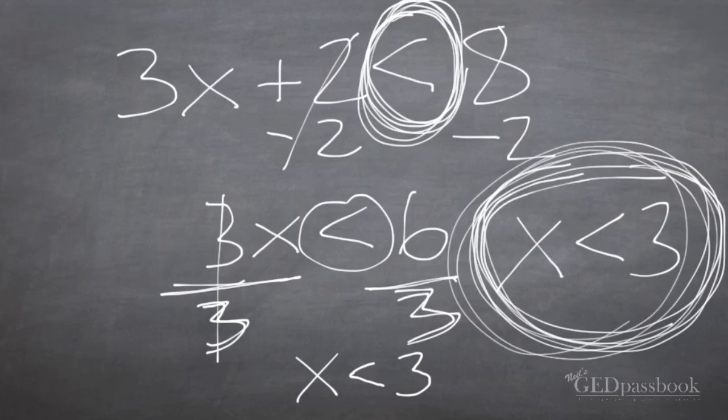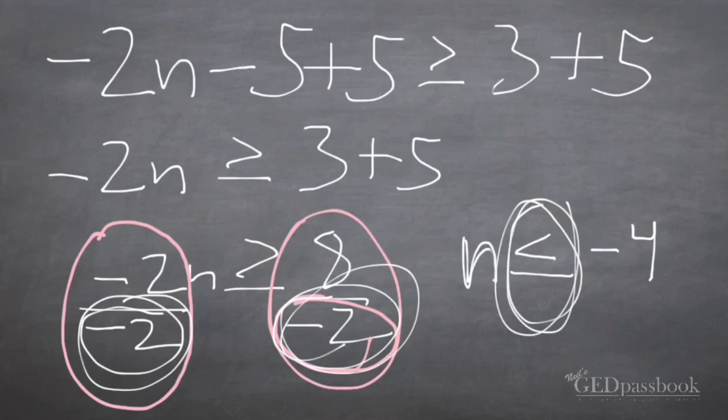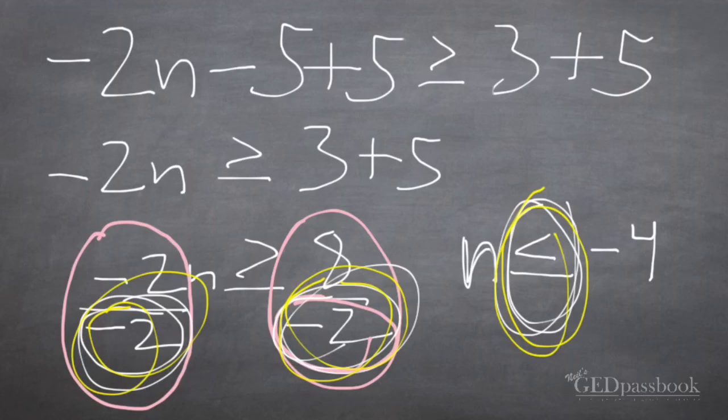It stayed the same because we divided by a positive number. Here, when we divided by a negative number, and it got flipped over there, the symbol has to be flipped. That's it. That's final. No more tricks. Pretty simple. Almost virtually the same as equations. You just have to remember that little trick at the end.